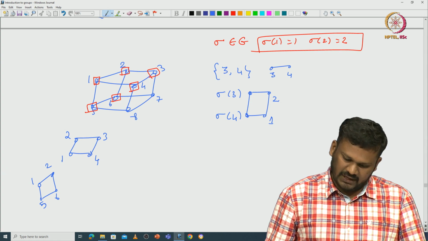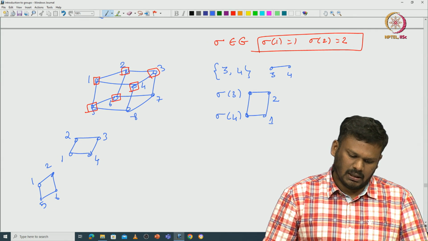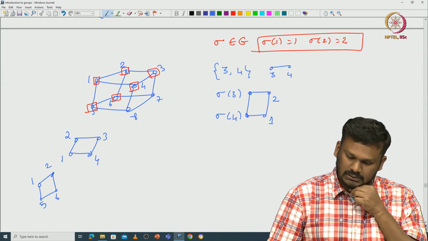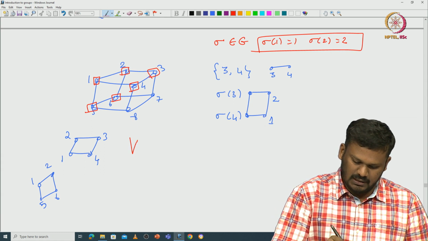Okay. So, I will leave it to you to think about. There are again more restrictions, because if you take sigma of 5, sigma of 6, again you can see what will happen to that. So, you try to verify.